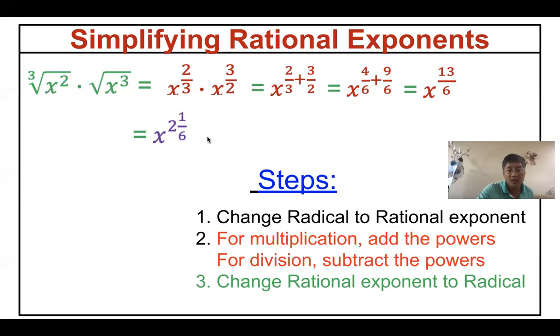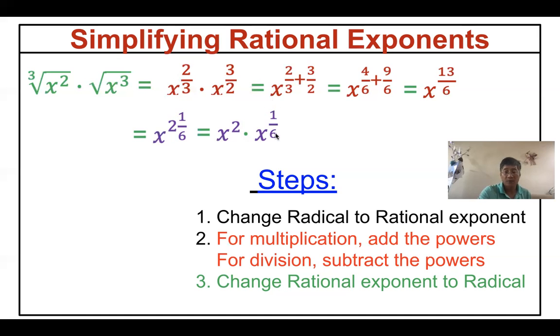So x squared and x to the 1/6, you can separate. Even though you have many steps, if you go step by step, it's not difficult, right? So 2 and 1/6 is like an addition. 2 plus 1/6, you can separate like x squared times x to the 1/6, right?